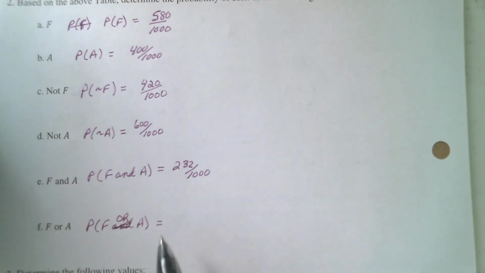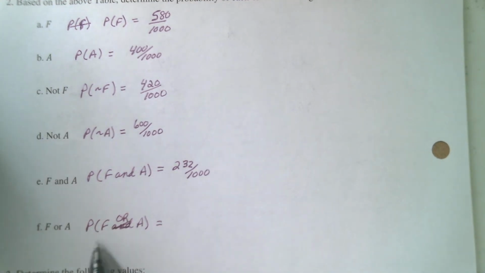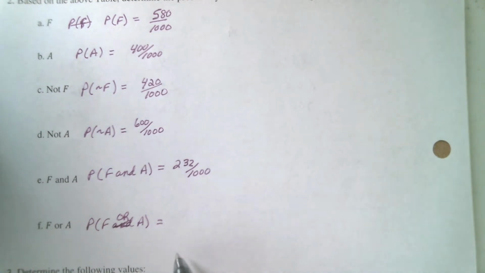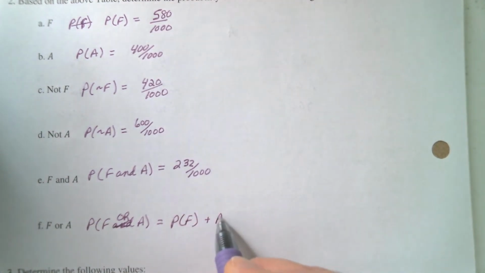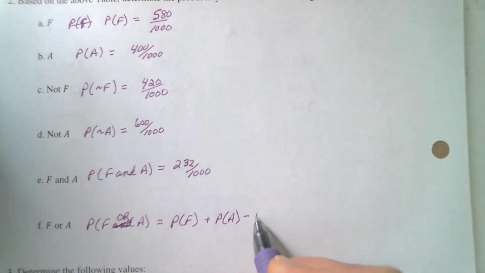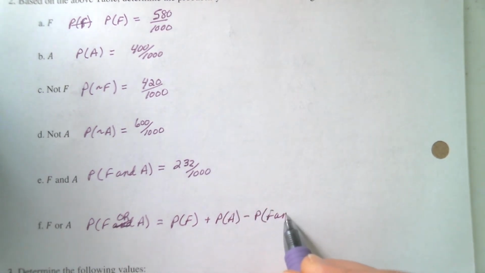I'm going to use the formula, right? The probability of F or A is going to equal the probability of F plus the probability of A minus the probability of F and A.